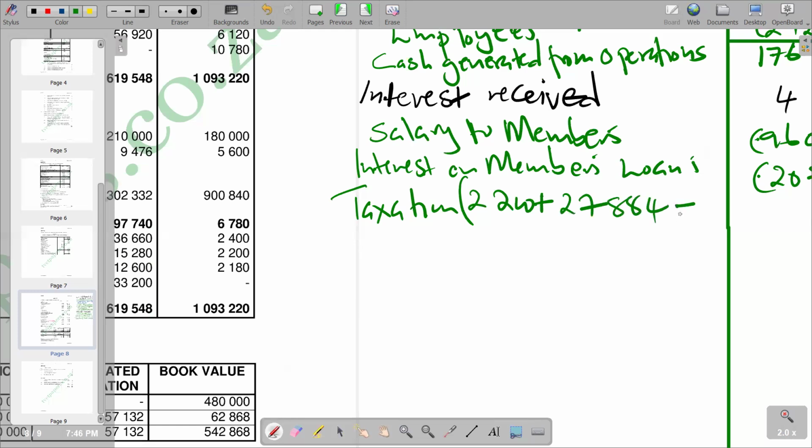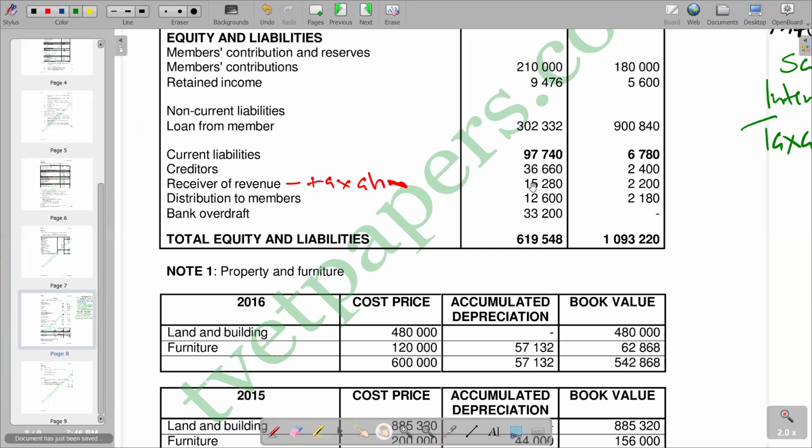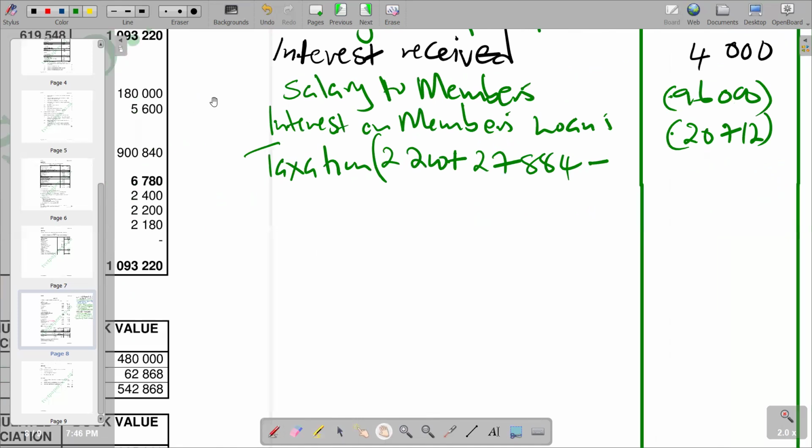And we subtract taxation at the end, which we get in the statement of financial position. Remember, our taxation is here. At the end it is 15,280. So we calculate 2,200 plus 27,884 minus 15,280.